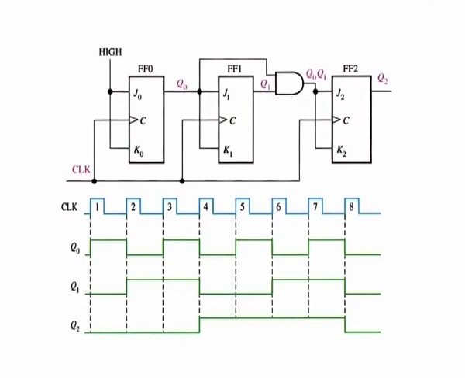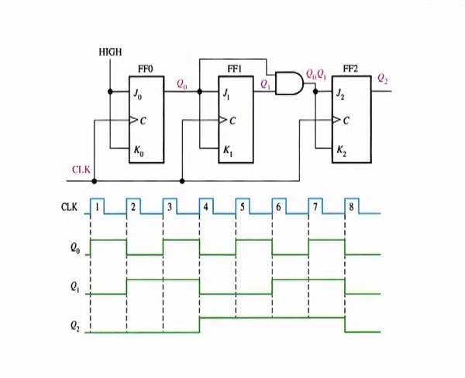This change occurs at clock 2, clock 4, clock 6 and clock 8. The clock 8 pulse causes the counter to recycle. To produce this operation, Q0 is connected to the J1 and K1 inputs of flip flop 1.